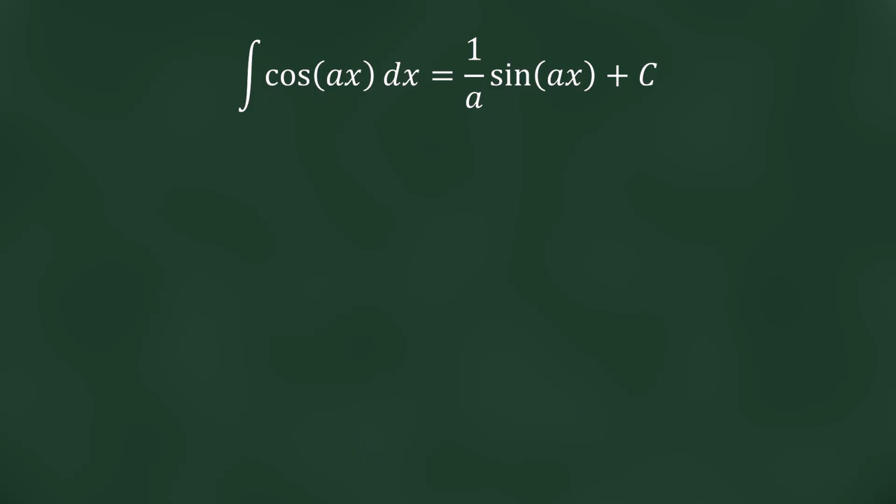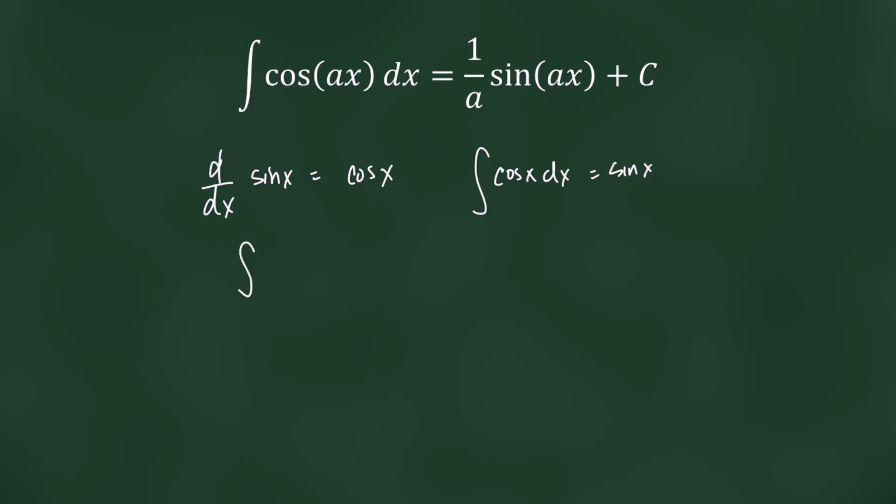This next one's pretty straightforward. We just need to recall that the derivative of the sine x function is cosine of x. So that tells us that the antiderivative of cosine must be sine. But of course we have the addition of an a in here.